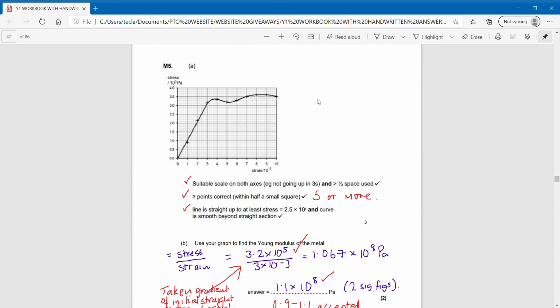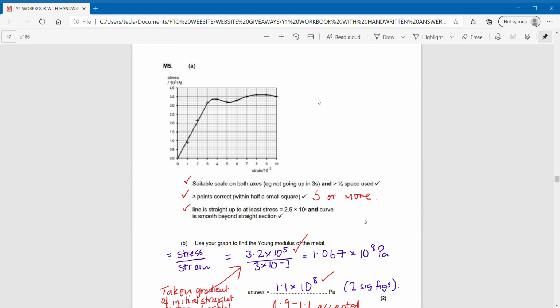So if you've got 5 or more points plotted correctly, within half a small square, that's 1 mark. And the line drawn in correctly, so the line is straight up to at least a stress of 2.5, although you can probably go up to about 3.2, I think.